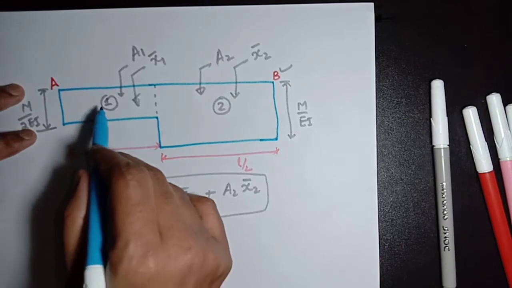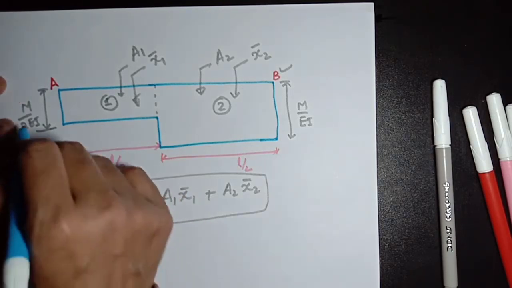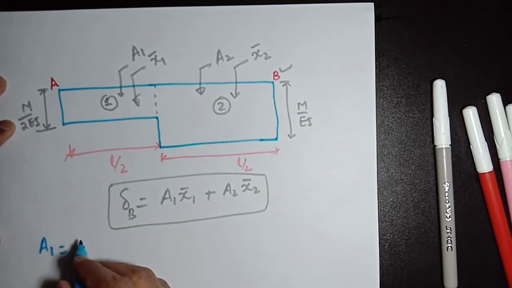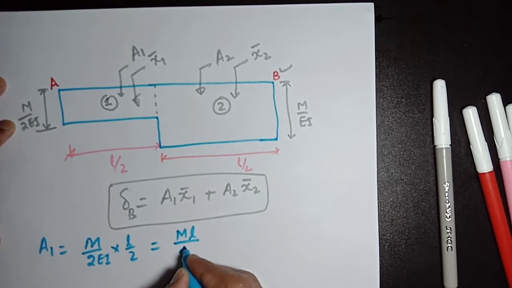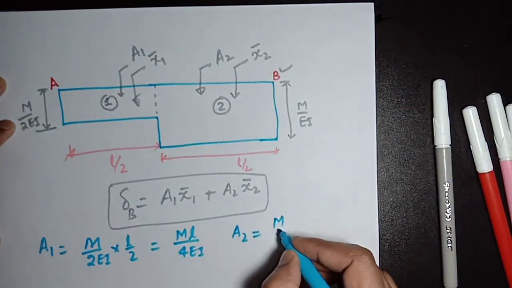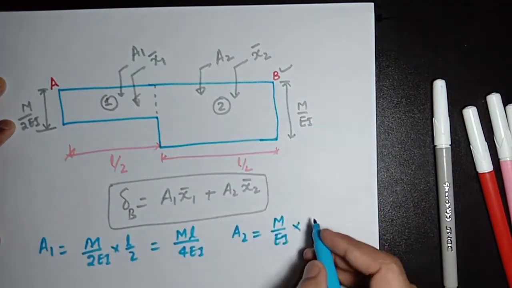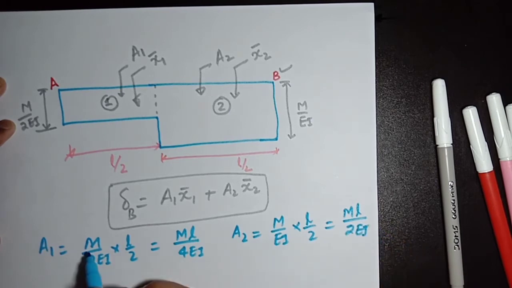Now we can find out this rectangle. This is rectangle one, this is two. The area will be: this length is L by 2 and this value is m over twice EI, so the area will be m over twice EI multiplying with L by 2, which gives ml over 4 EI.